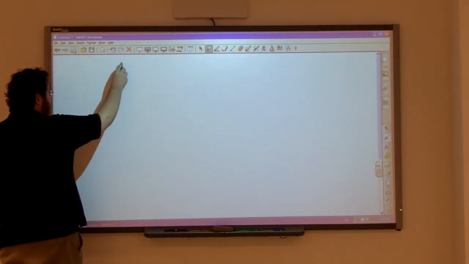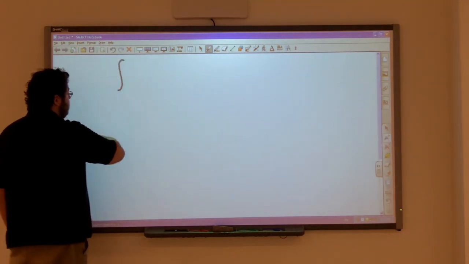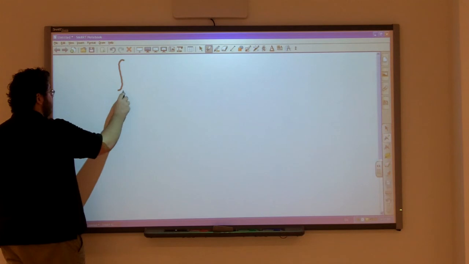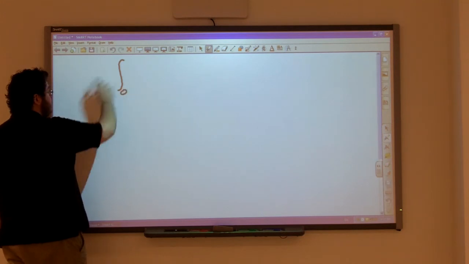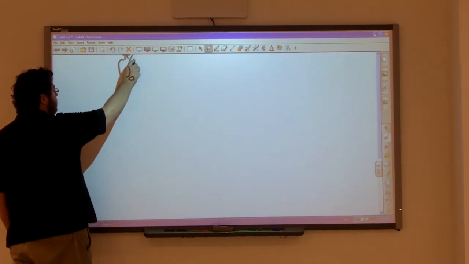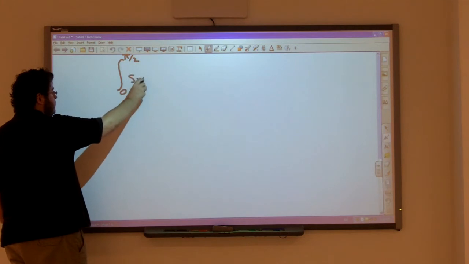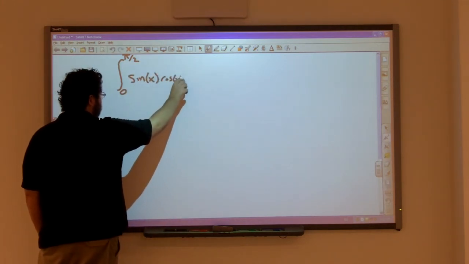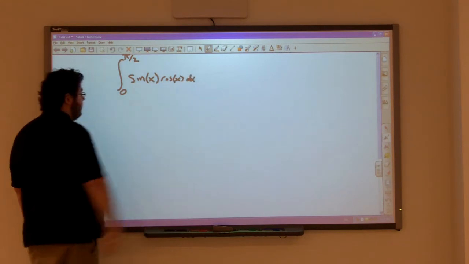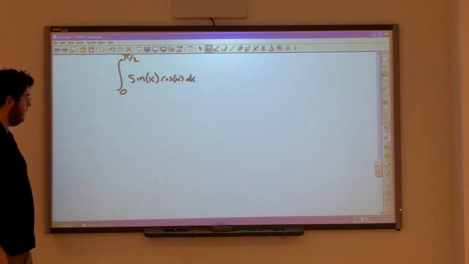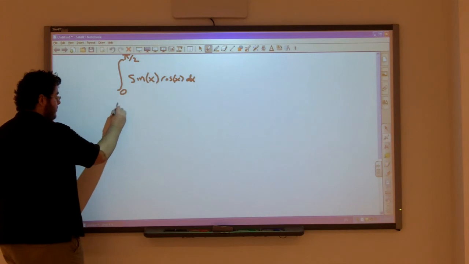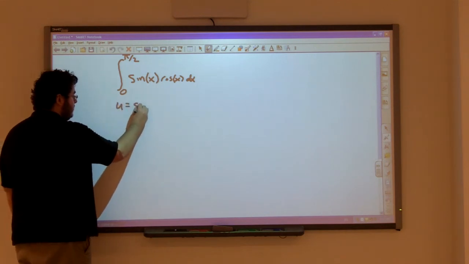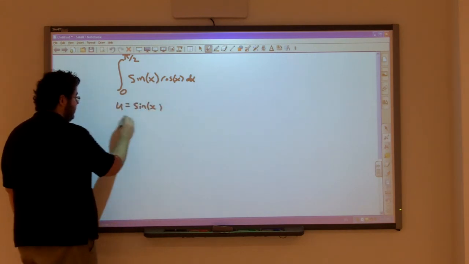So again, let's go back to one of our examples. Let's do the integral from 0 to pi over 2 of sine of x cosine of x dx. Okay. So let's go back to our familiar u substitution. u equals sine of x.